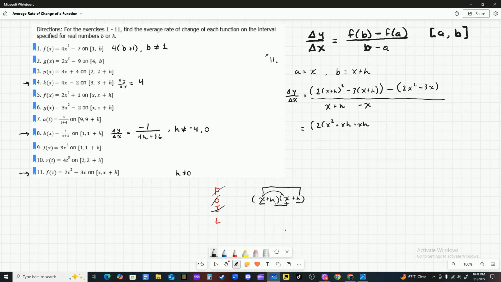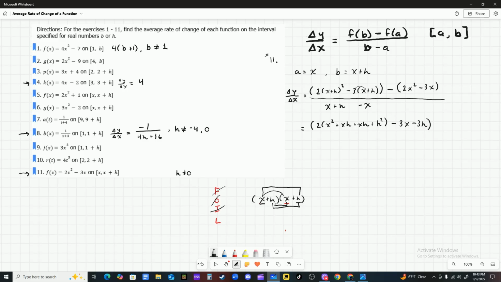And last are the terms that are lagging behind, h and h, which in this case becomes h squared. Cool? Minus 3 times x is 3x, and negative 3 times x is negative 3x, minus, because we have a negative, minus 3 times h is minus 3h.